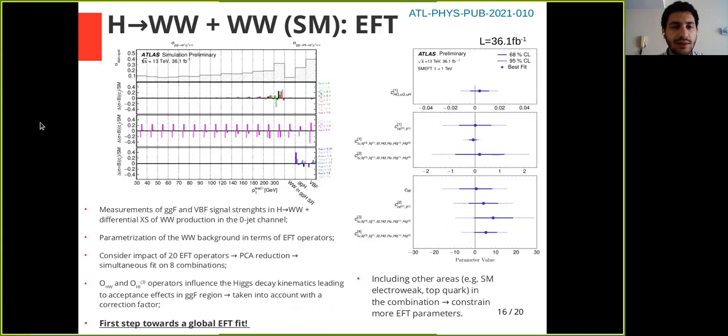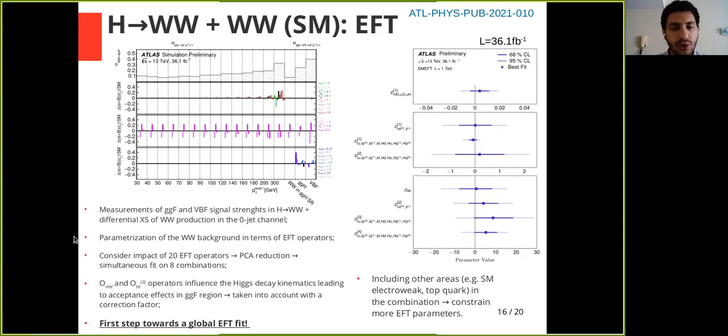Another important result in the context of EFT is the combination of the measurement of the GGF and VBF production modes in the X to WW channel, with the measurement of the differential cross-section of the di-boson standard model production. In this case, also the WW background must be parameterized in terms of the EFT parameters.